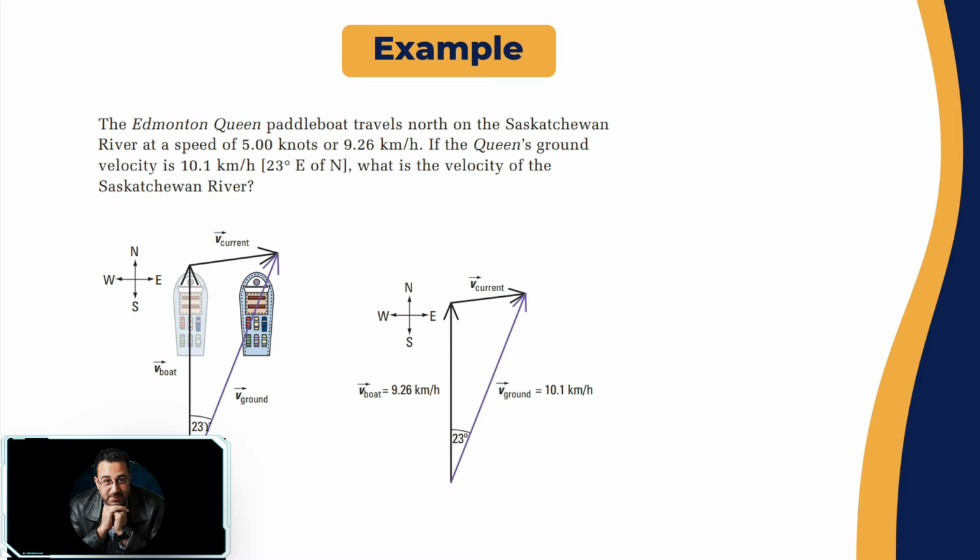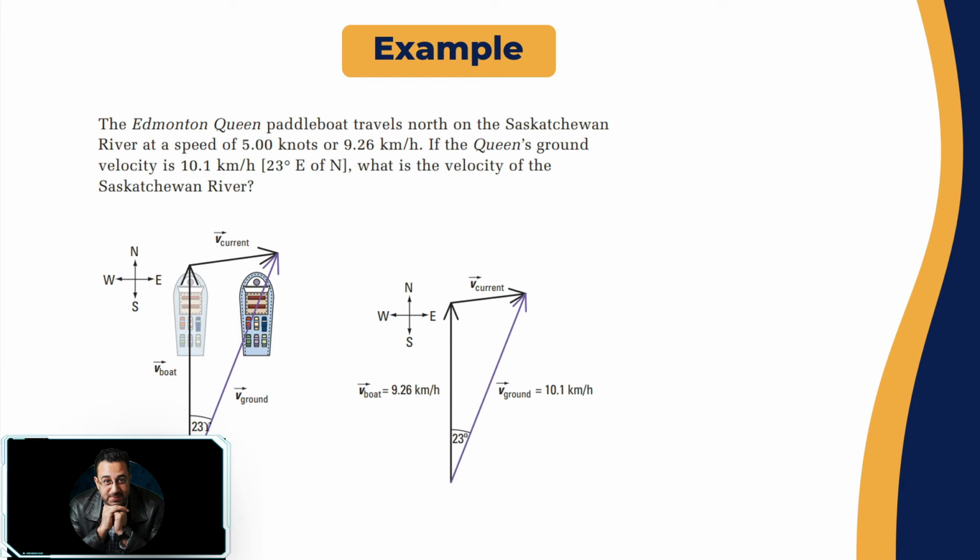Another example, in this case we have a boat on the river. It's not an airplane in the air, but still, all the same concepts apply. The Edmonton Queen paddle boat travels north on the river at a speed of 5 knots or 9.26 kilometers per hour.